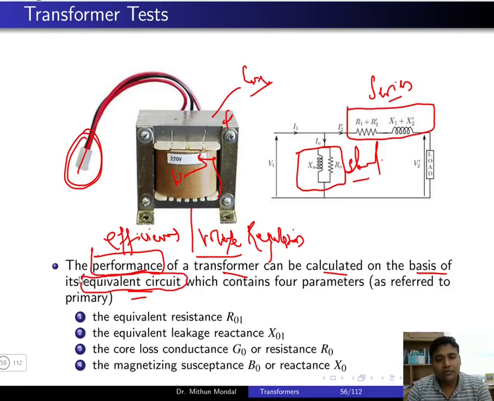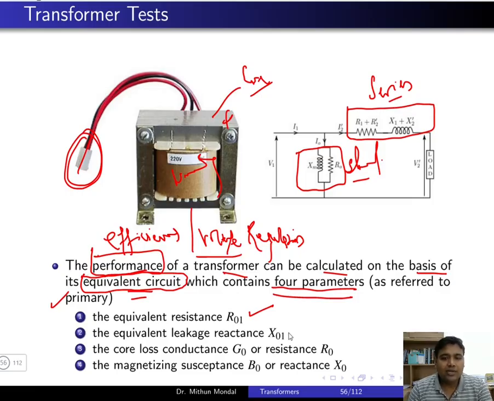The equivalent circuit of the transformer requires you to find four parameters. So what are the parameters that we are required to find? All the parameters are referred either to the primary side or to the secondary side. Considering that parameters are referred to the primary side, we have the equivalent resistance R01, which means the total resistance in the primary side when the secondary resistance is referred to the primary side.